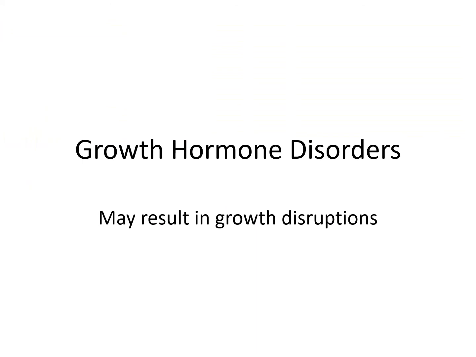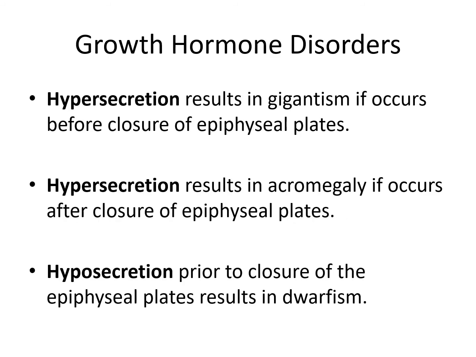There are also growth hormone disorders, and most of these result in growth disruptions. For example, hypersecretion results in gigantism before closure of the epiphyseal plates, because they'll continue to grow.